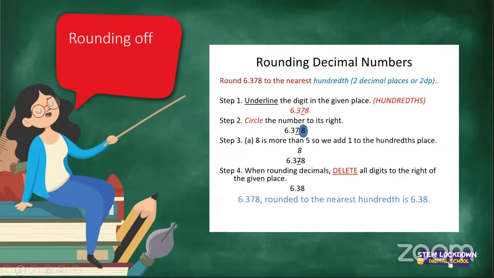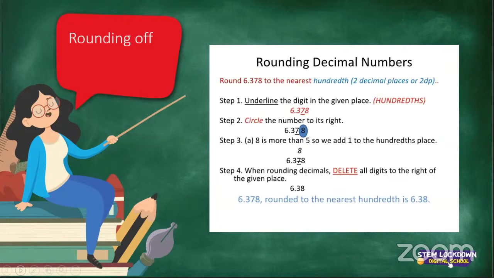Hence the second number is the one that is underlined as the given place, and then you circle the third one. So 8 is more than 5, so we add 1 to the hundredth place, and we'll have 6.38.